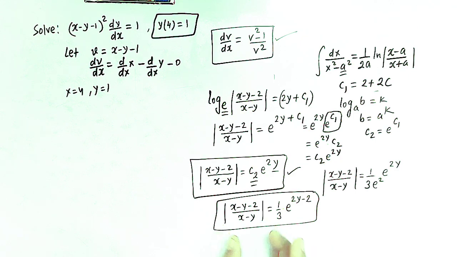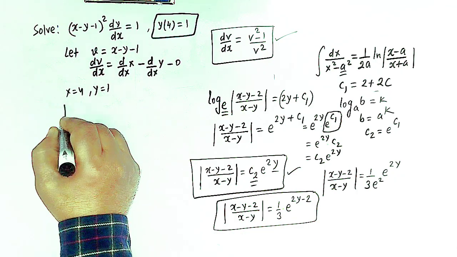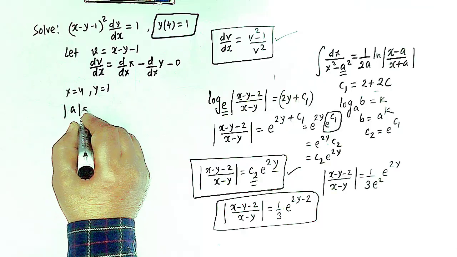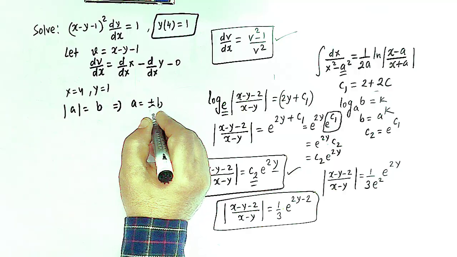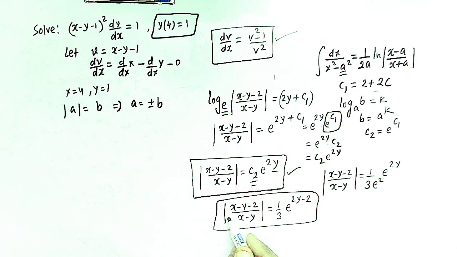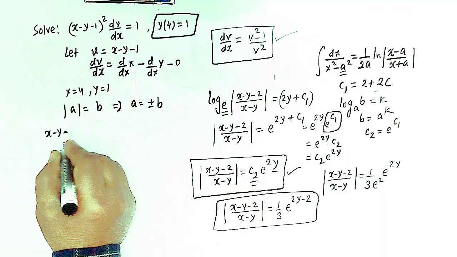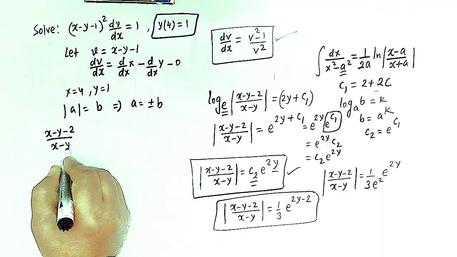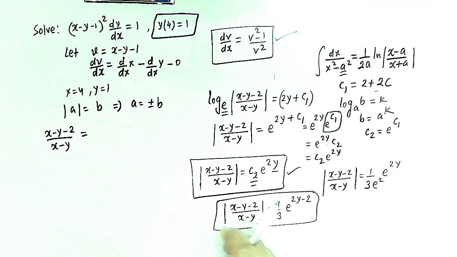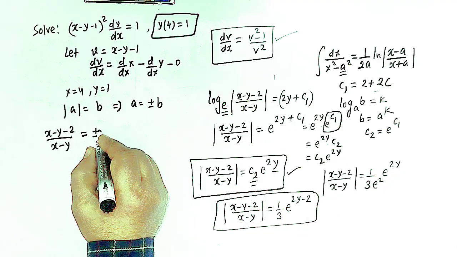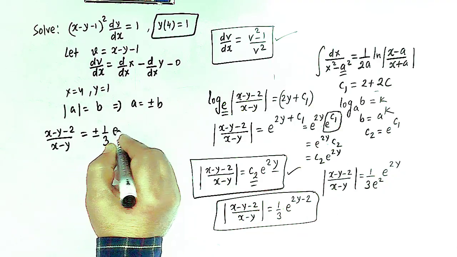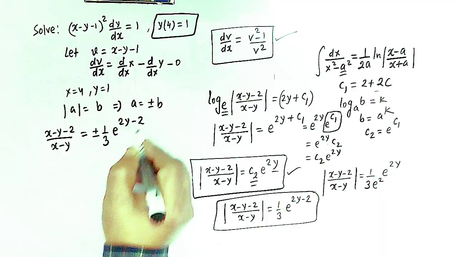So now here we have in the left hand side the modulus function, right? So using this result, that is say mod of a is equal to b, then we have a is equal to plus minus b, right? So here we can now write x minus y minus 2 over x minus y. So removing the mod function symbol here, we have in the right hand side plus minus 1 over 3 e raised to 2y minus 2, right?